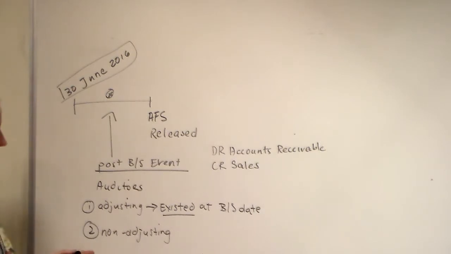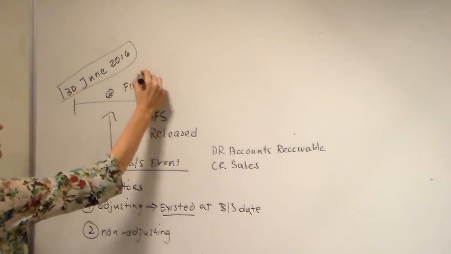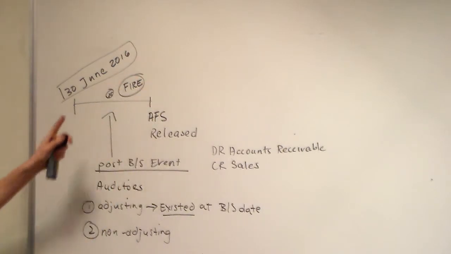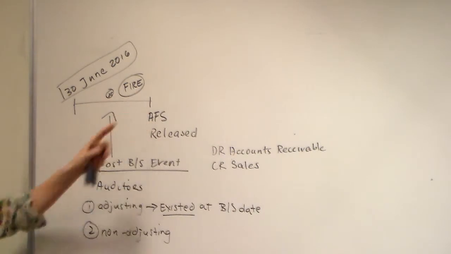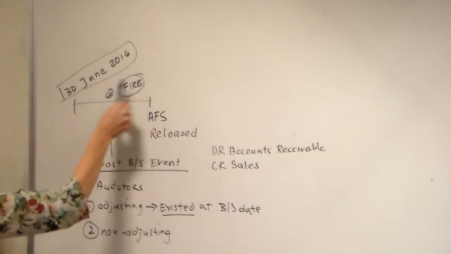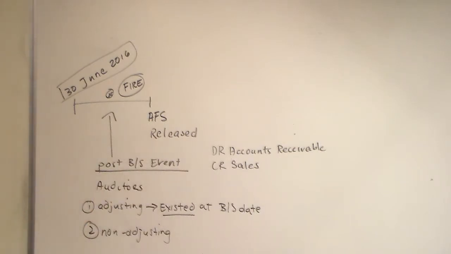The other item that is a non-adjusting event is, for example, say we have a fire that takes place around this time, so it's after year-end, but it's before the annual financial statements are released. Obviously we have this time lag because we have to have the financial statements audited before we're actually going to release them.